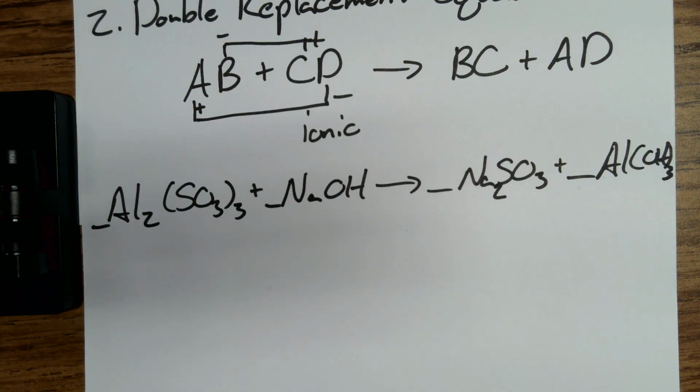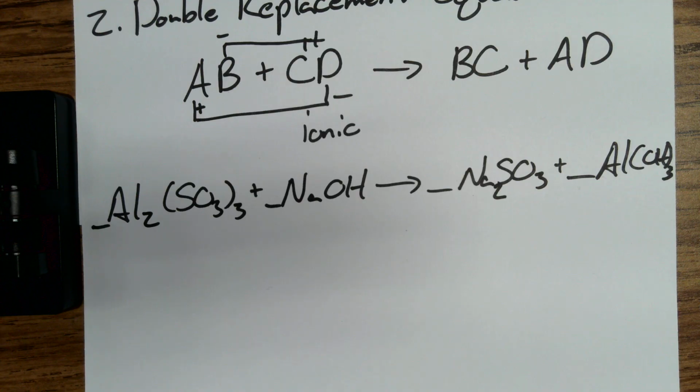Now, I could, in theory, for each one, count all the atoms. All the sulfur atoms, all the oxygen atoms, all the hydrogen atoms, all the sodium atoms, aluminum atoms. But one thing I notice, SO3, that's a polyatomic ion. That acts as one thing, yes? My OH group here, hydroxide unit, acts as one thing, right?